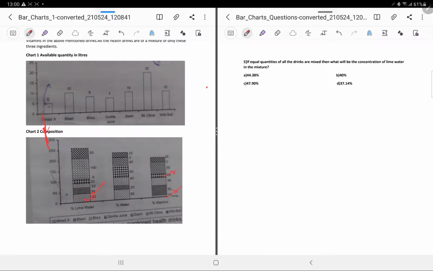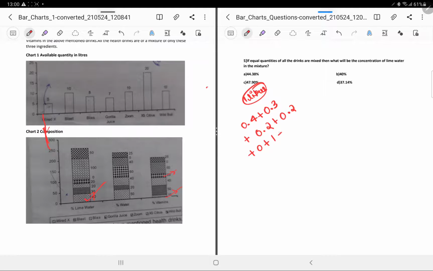So if wired eggs is 1 liter, assume we are computing everything for 1 liter. So this would be 0.4, the other would be 0.3, the other would be 0.2, the other 0.2, the other 0, the other 1, this would be 0.5.